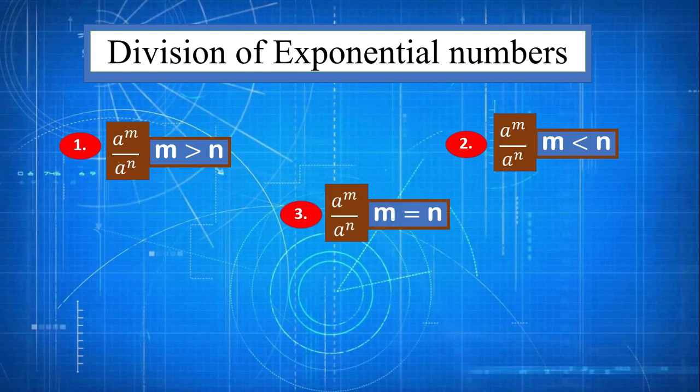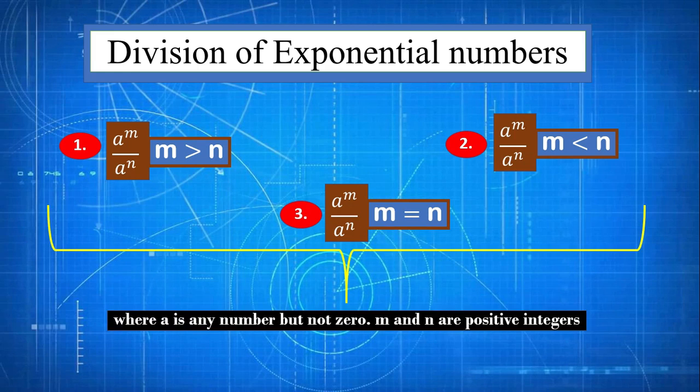And in part 3, we will look at a to the power of m divided by a to the power of n, where m is equal to n. And a is any number but not 0. M and n are positive integers.